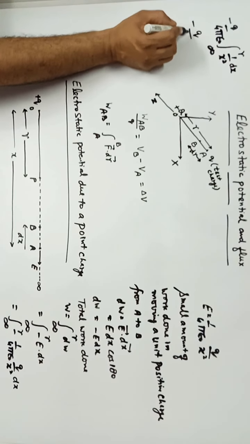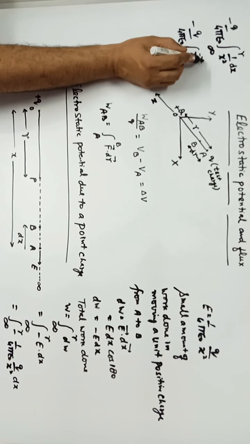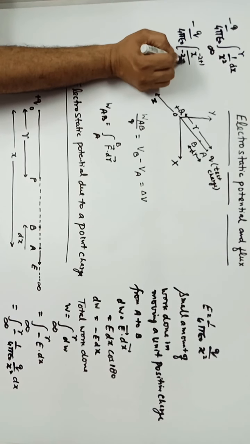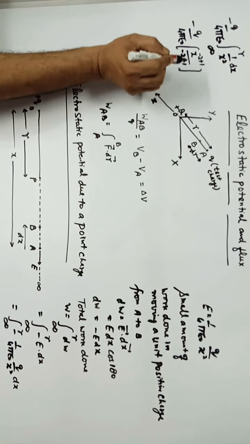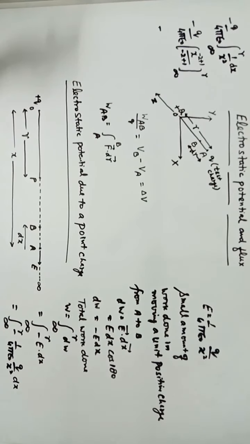Minus q upon 4 pi epsilon naught, x to the power minus 2 plus 1 upon minus 2 plus 1, from infinity to r.